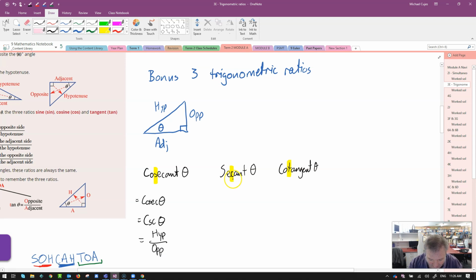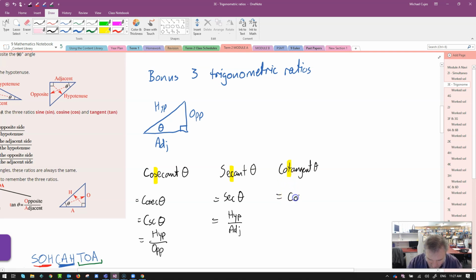Secant, that 3rd letter is C, so it's the reciprocal of the cosine ratio. So we write this as sec theta. Cosine, we'll remember, is adjacent over hypotenuse, so this is going to be the reciprocal of that. It's the hypotenuse divided by the adjacent. And lucky last, cotangent, you've already guessed, that's the reciprocal of the tangent ratio.